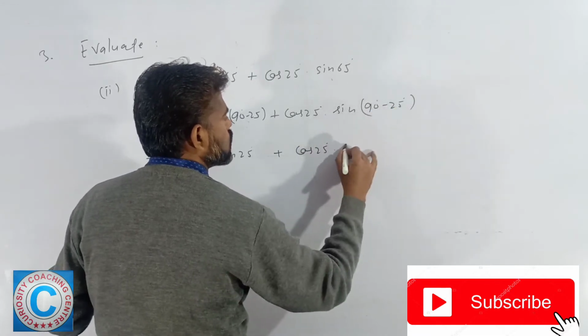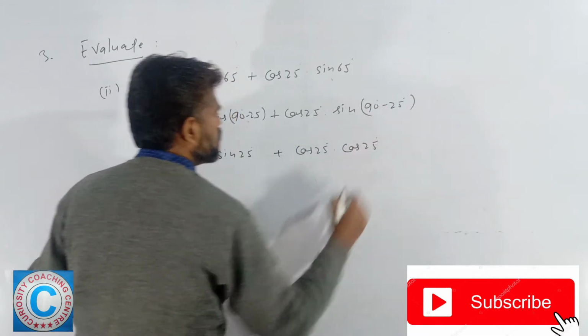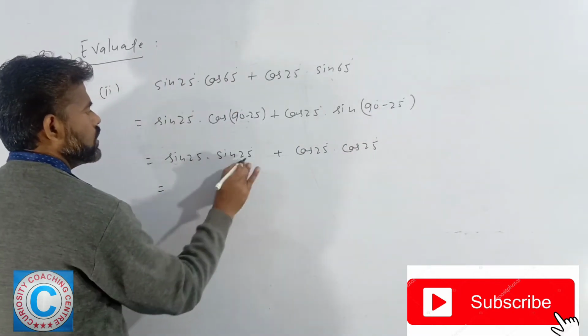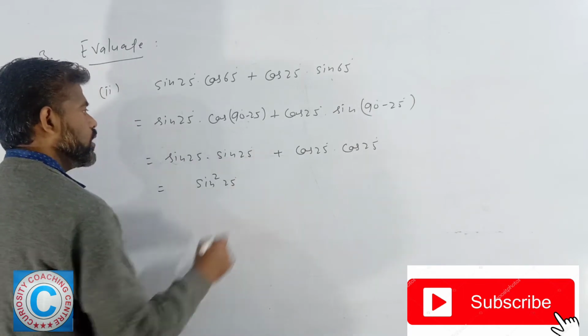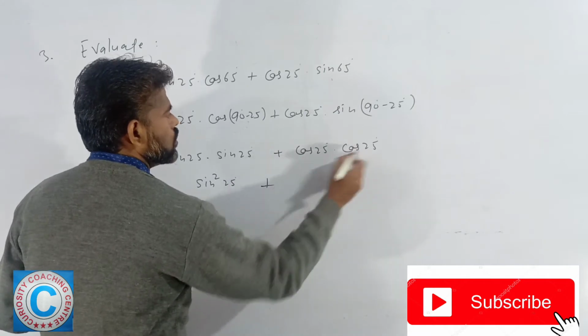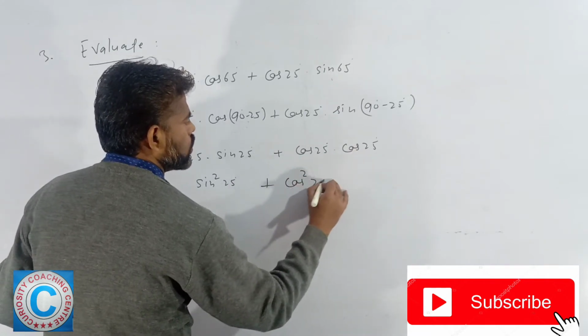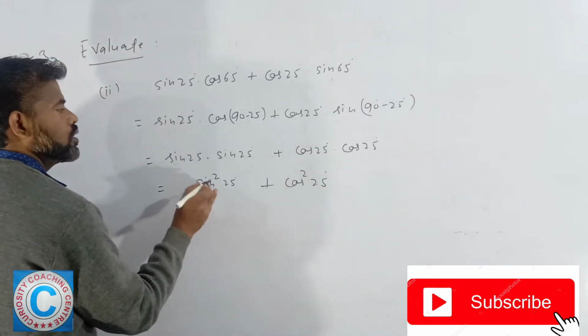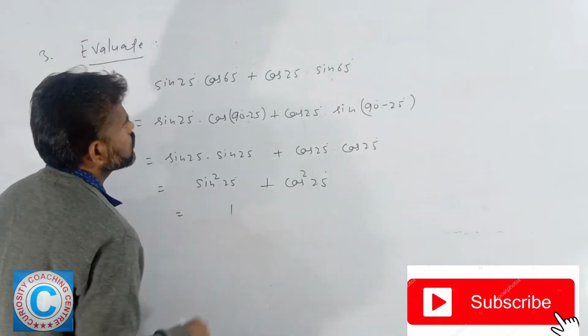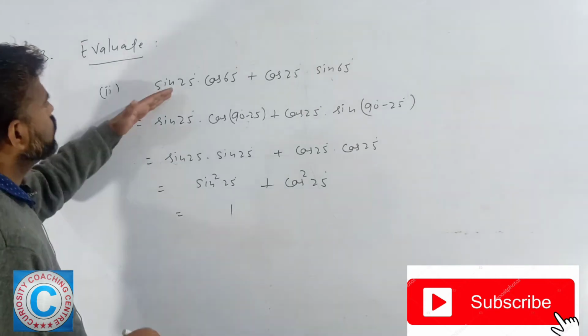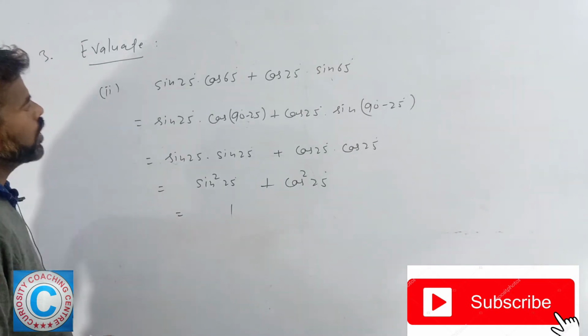So we get sin square 25 degree plus cos square 25 degree. This is of the form sin square theta plus cos square theta, whose value is 1. So the value of this one is 1.